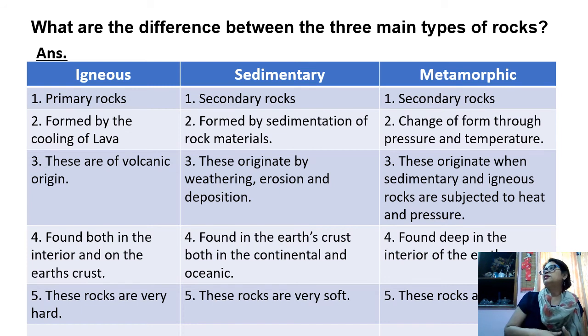Deep inside the earth there is heat, and under heat and pressure the sedimentary and igneous rocks change into metamorphic rocks. Igneous rocks are very hard, whereas sedimentary rocks are soft, and most metamorphic rocks are hard, but diamond is the hardest of metamorphic rocks.